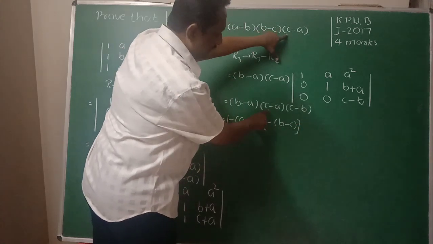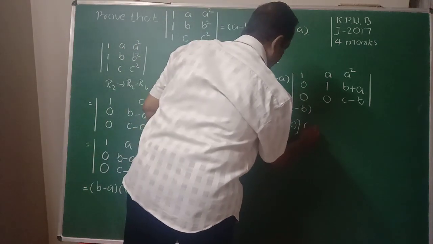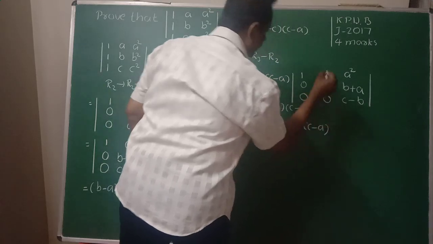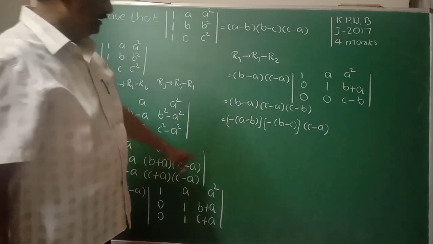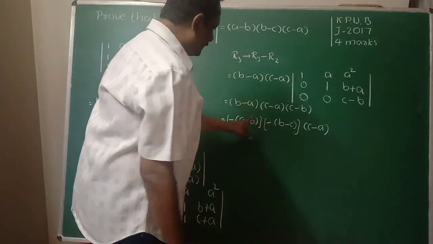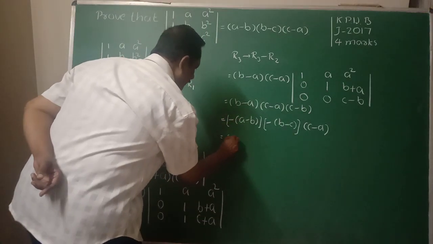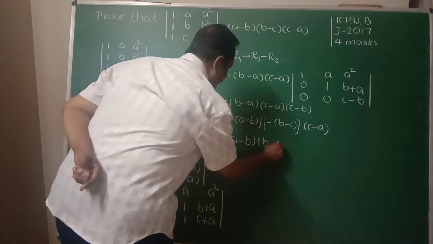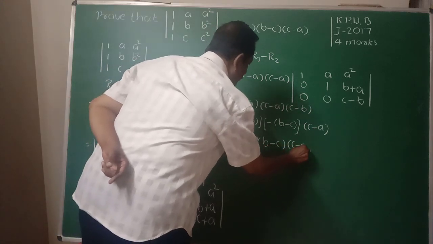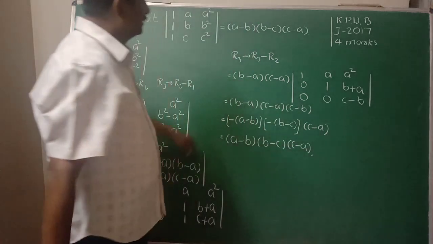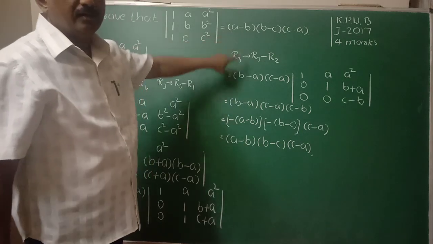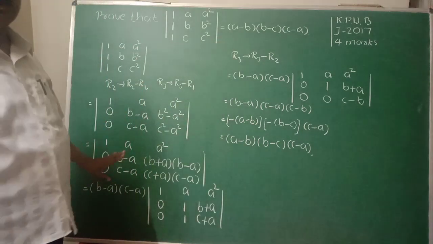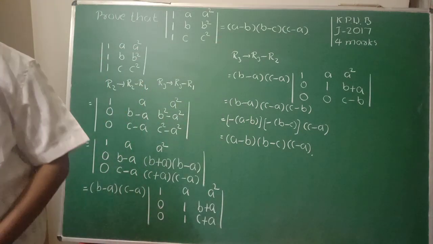And c minus a is already there, so keep it as it is. Then this minus and this minus become a plus. Therefore a minus b into b minus c into c minus a. So this is our required result, and it is a 4 marks question. Very important example.